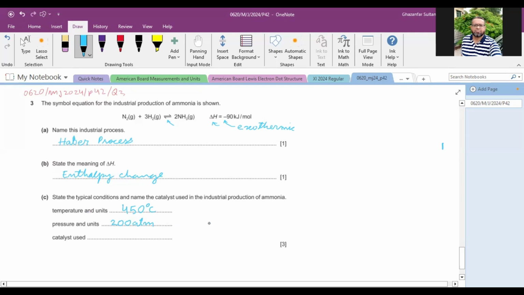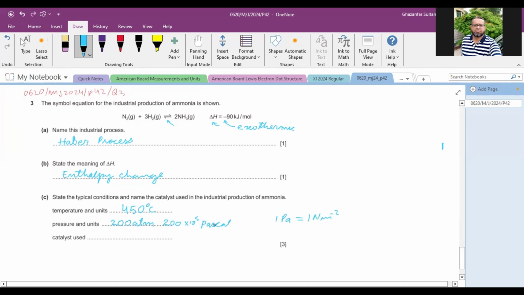1 atmosphere is equal to 1 into 10 raised to power 5 Pascal. So it should be 200 into 10 raised to power 5 Pascal. And you remember that 1 Pascal, written Pa, is also equal to Newton per meter square.